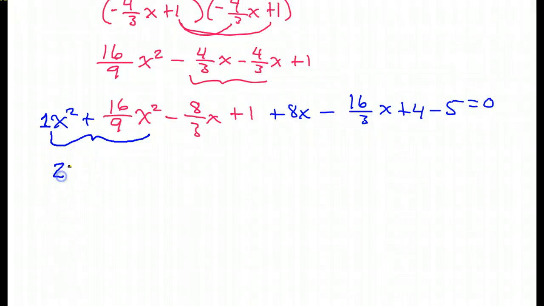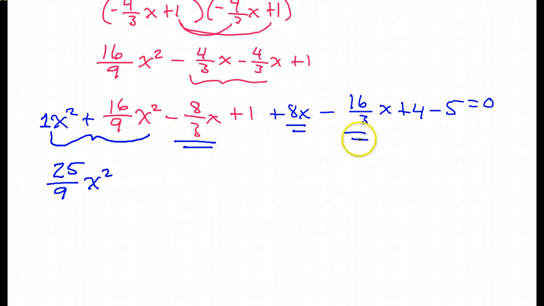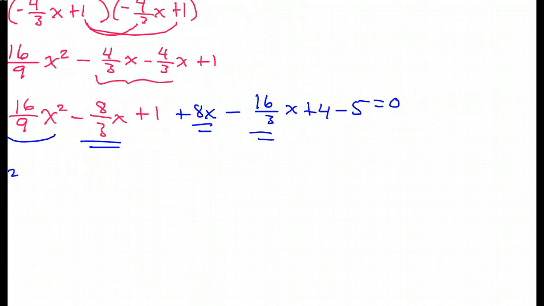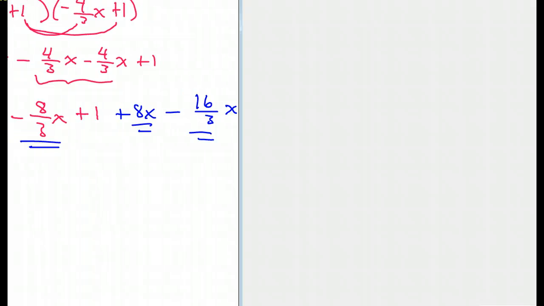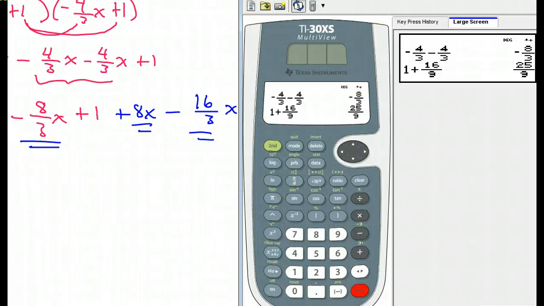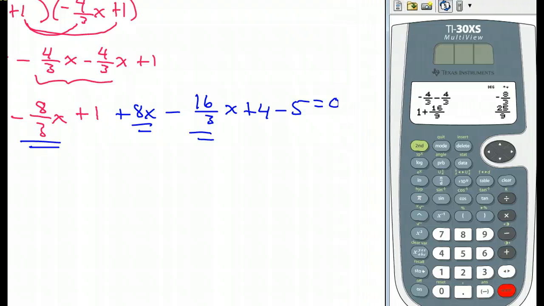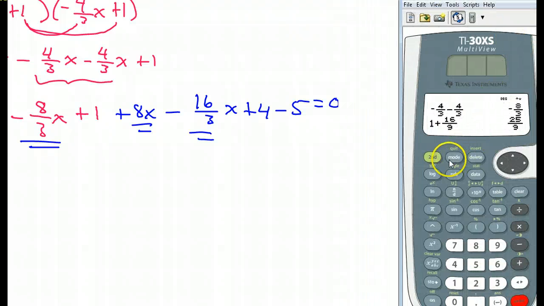So I'm going to have 25 over 9 x squared. Now I need to put these x's together. I have x's here, here, and here. So I'm just going to add all of these things. Give myself as much room as possible. So, in fact, let me slide this over to here.